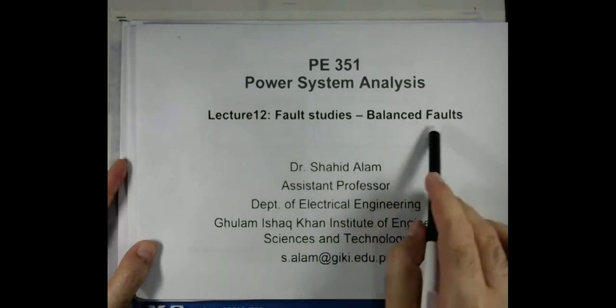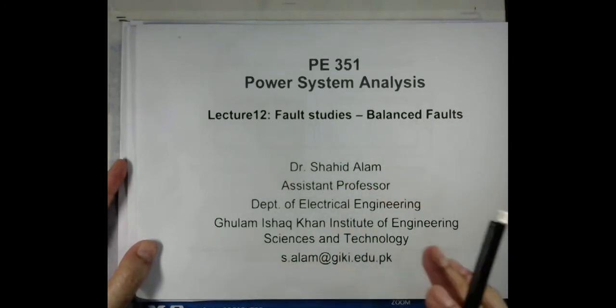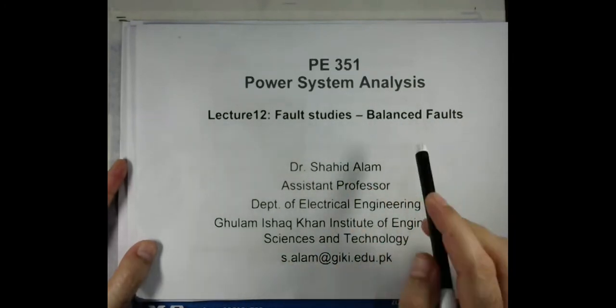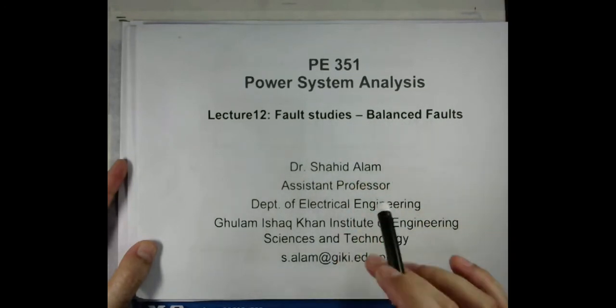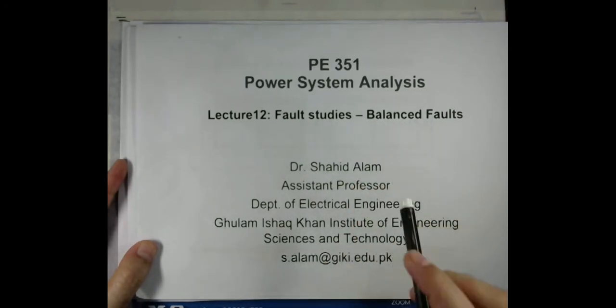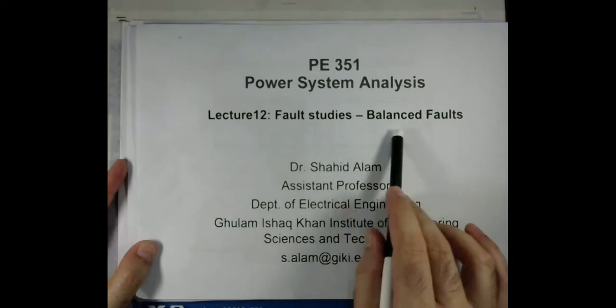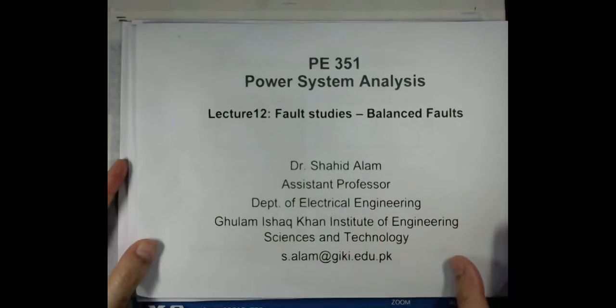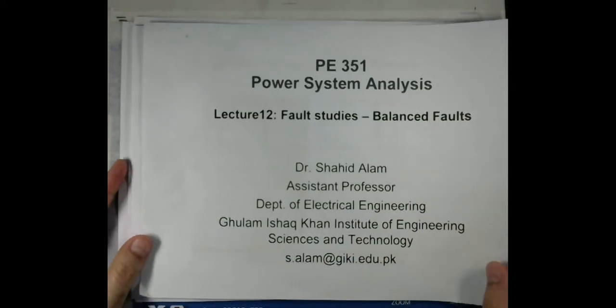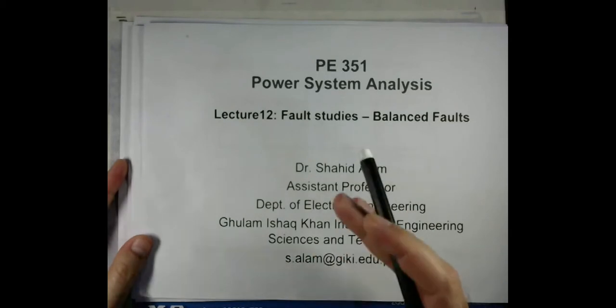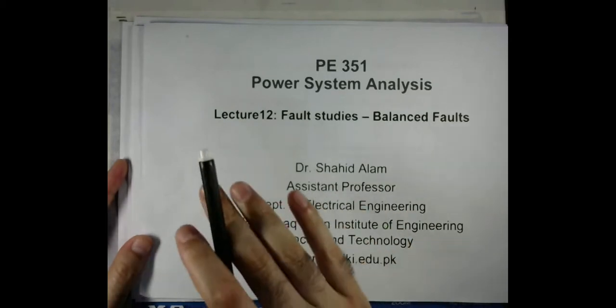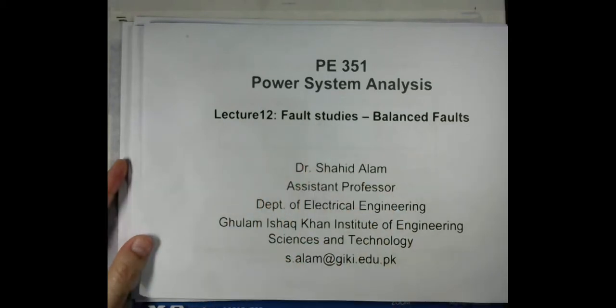Such types of faults are characterized as balanced faults, because all the three phases are equally affected. So the analysis is conducted using a single phase, because in a balanced system, analysis of a single phase is more than enough.